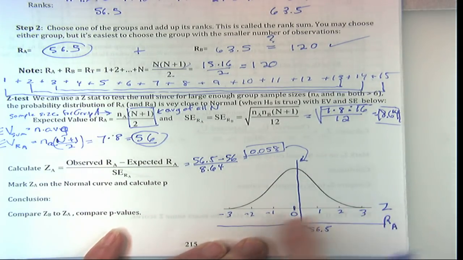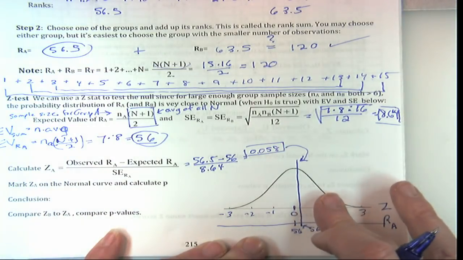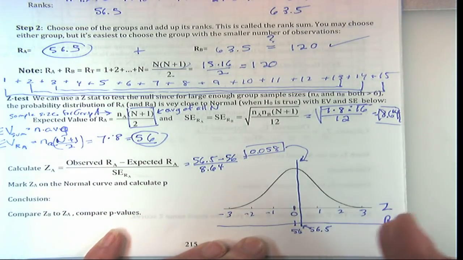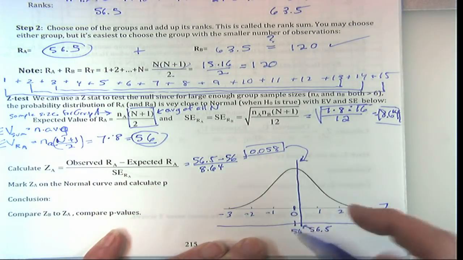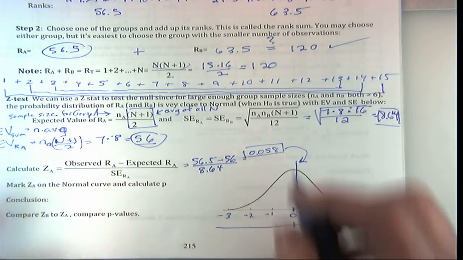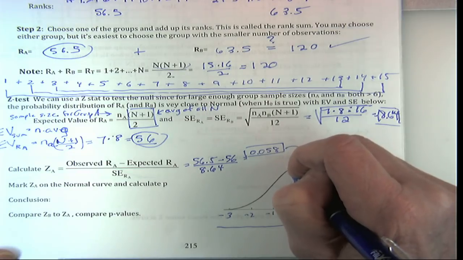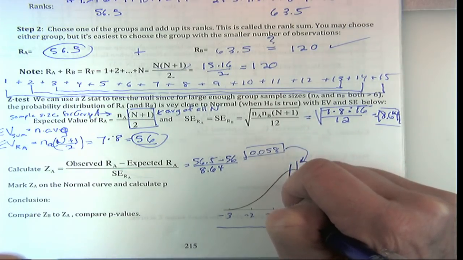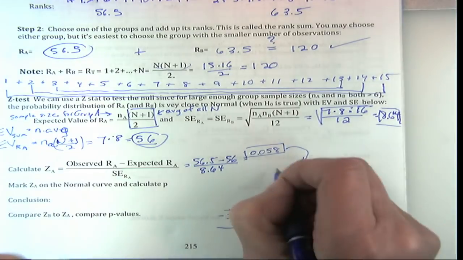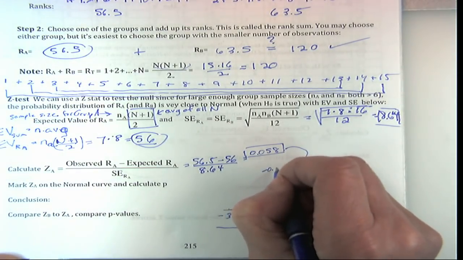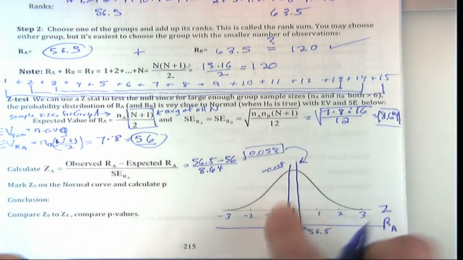So remember, this is the distribution of our test statistic. This is the probability of seeing, well, why don't we get the p-value here, between z and negative z. So between this and negative 0.058, our middle area, we'd look that up. I mean, we don't have to be so exact.